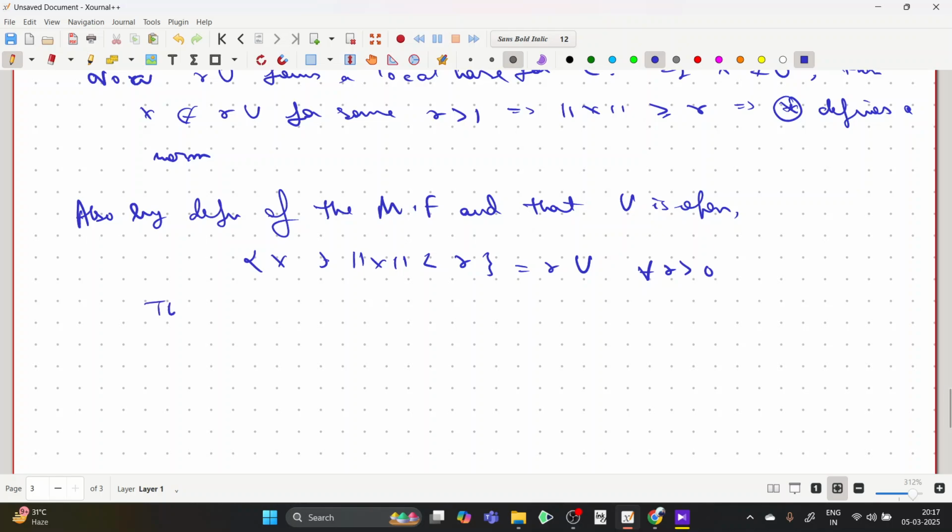Thus the norm topology coincides with tau, and that's the end of the proof.